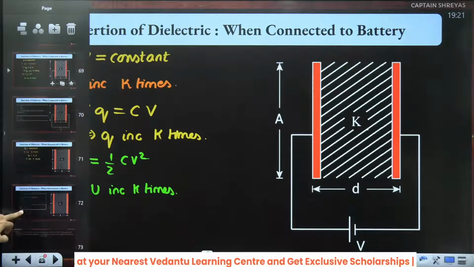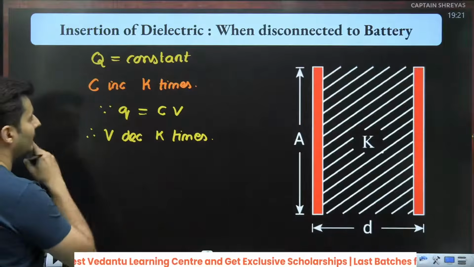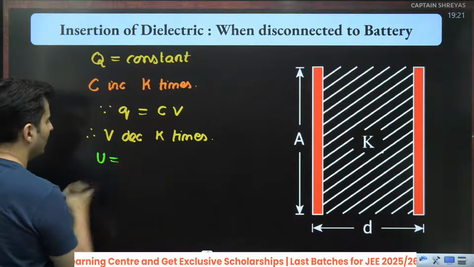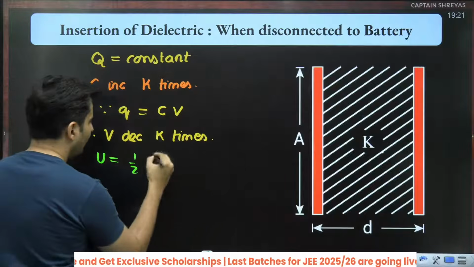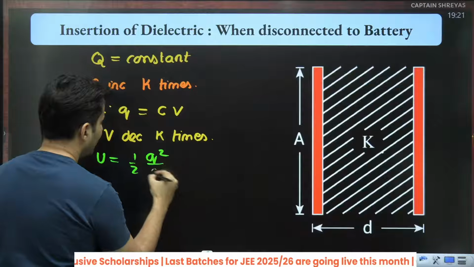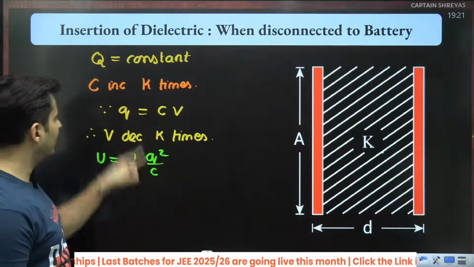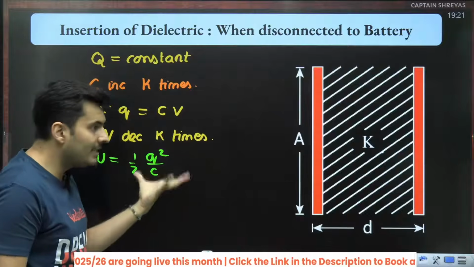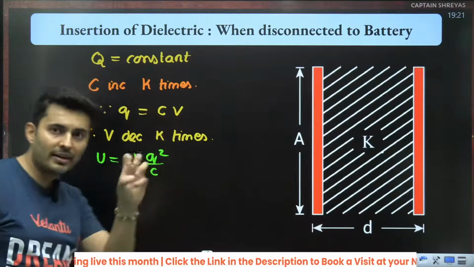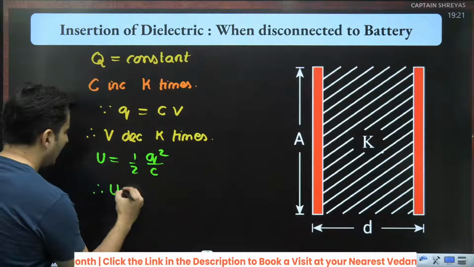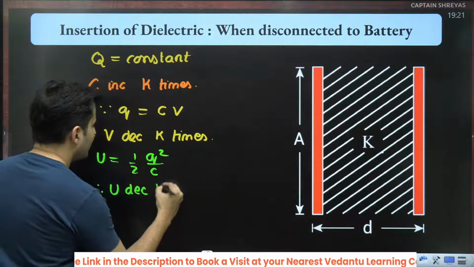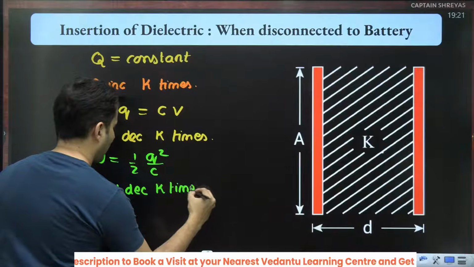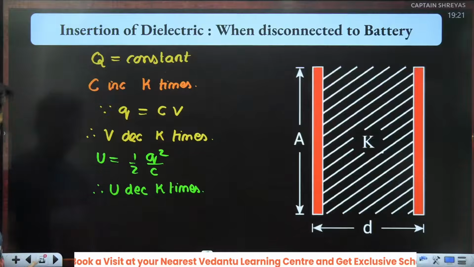In this case, when the battery is disconnected, charge being constant, I will use the formula U is half Q square by C. Q is constant, capacitance is in the denominator. The denominator increased k times, so the ratio will reduce. Therefore, the energy will decrease k number of times.